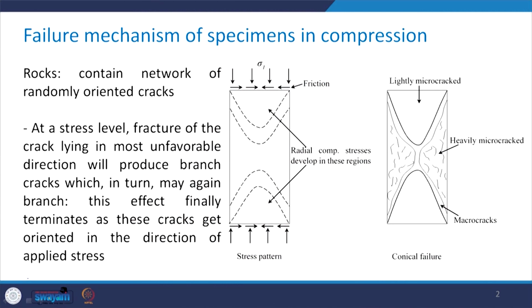We all know that rocks have a network of randomly oriented cracks. We call them micro cracks or micro fractures. We do not count these under the category of discontinuity or joints. So any intact rock will have these micro cracks.